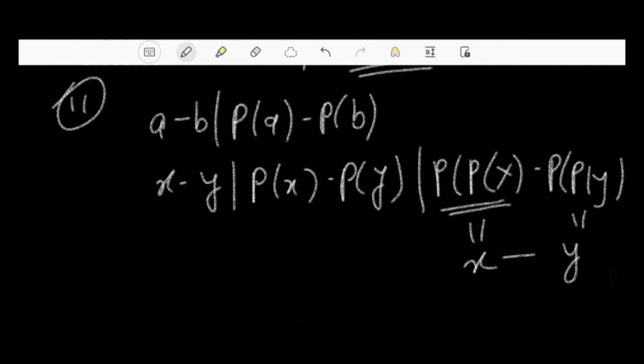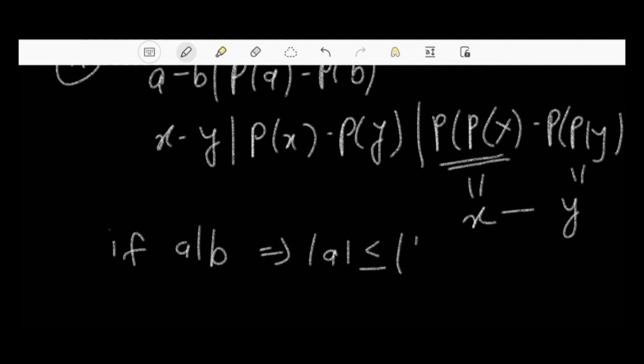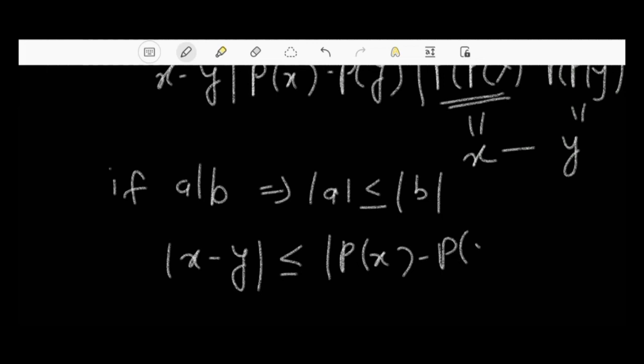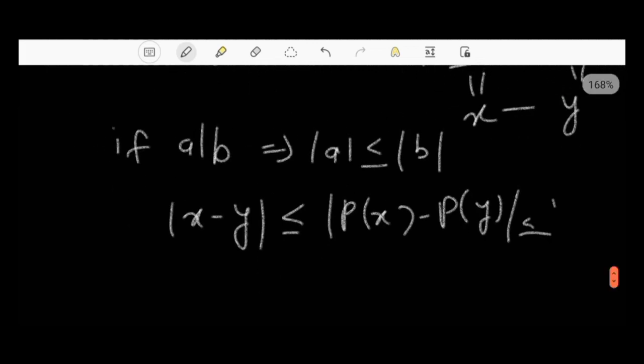So we can use our divisibility criterion, which is if a divides b, then it simply implies that mod of a is smaller than or equal to mod of b. So we can say mod of x minus y is smaller than or equal to mod of P(x) minus P(y). This is smaller than or equal to mod of x minus y.